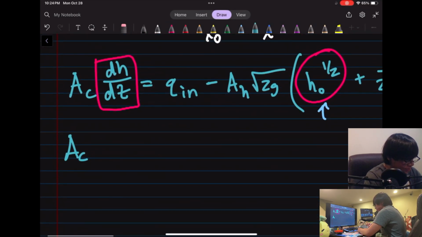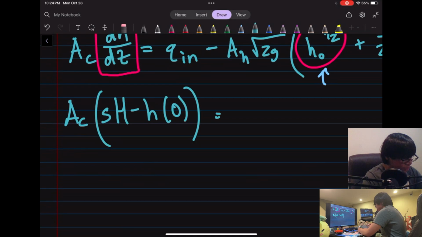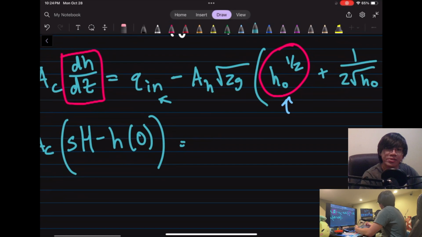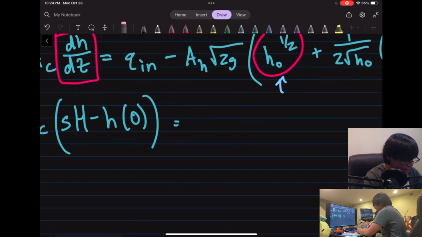So sH, with s our Laplace variable, and h at 0, the initial value. Qn is actually also a dependent variable, but we didn't need to linearize it since it's already linear. So we denote that by doing a capital Q. That'll show up again later. So I'll do a capital Q in.